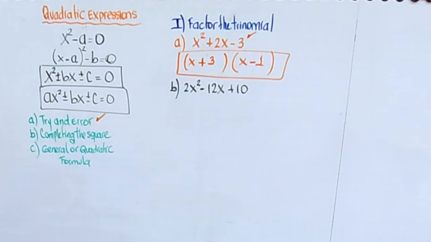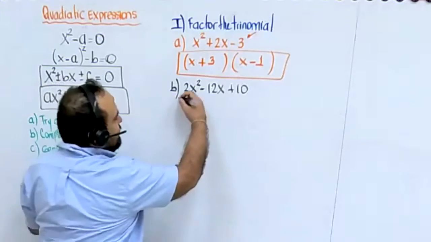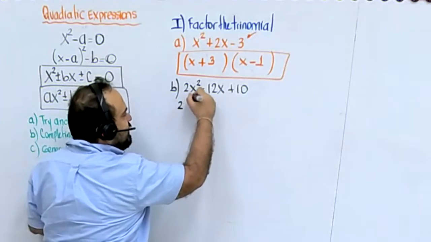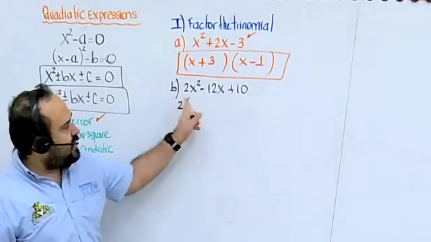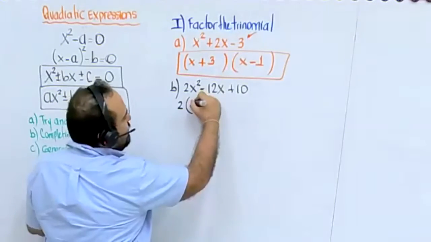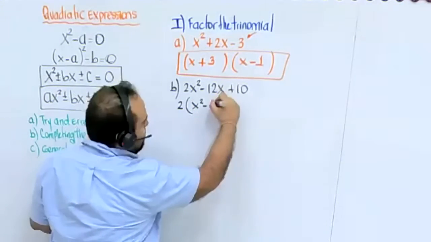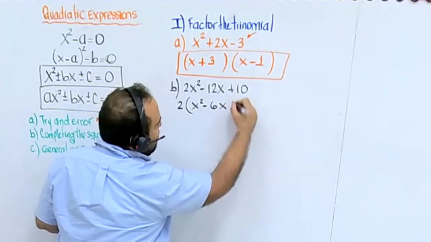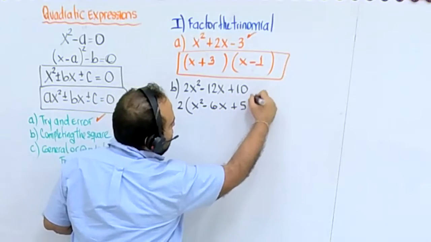And what is the greatest common factor between 2, 12, and 10? Number 2, right? Before continuing with this trinomial, I'm going to take out the number 2, and remember, the original expression must be divided by this number 2. We get x squared minus 6x plus 5, right?